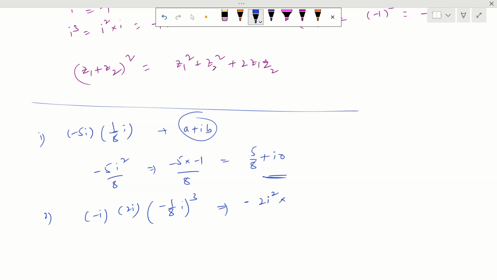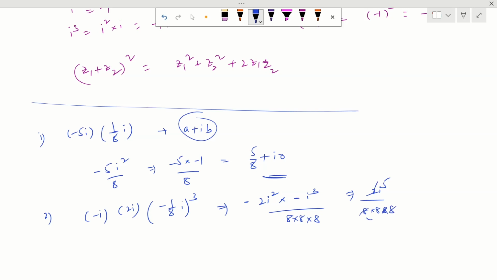And the minus of cube is minus only, so minus i cube, and 8 three times, so 8 into 8 into 8. Minus into minus is plus, so it is 2i raised to 5 divided by 8 into 8 into 8.